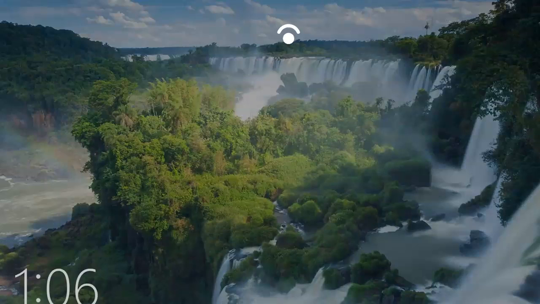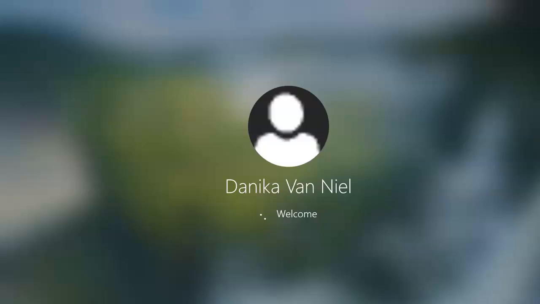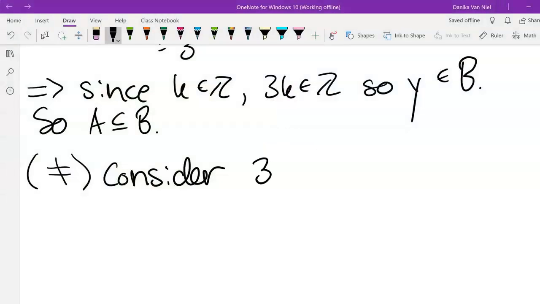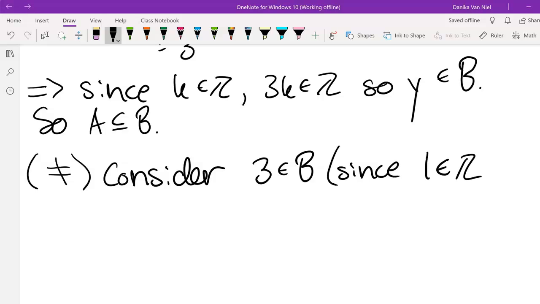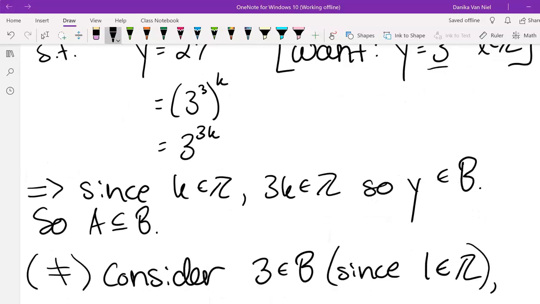Oops. Sorry, I just locked my thing. Okay, consider 3 in B, since 1 is an integer. How did we show it before?